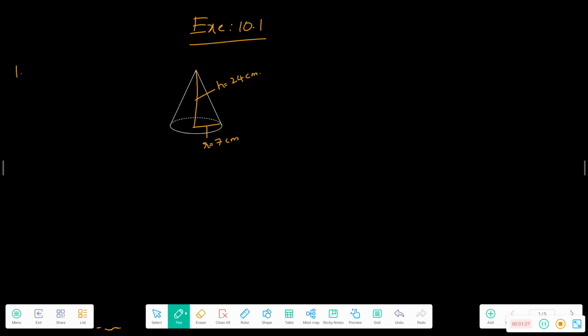And he asked to find the area of the sheet required to make that cap. So here area of the cap we need to find. What is given actually here?